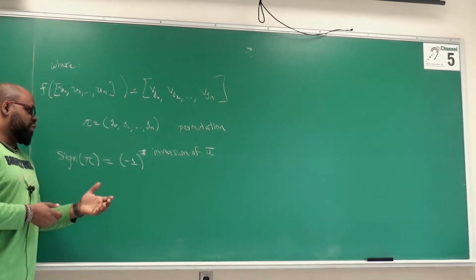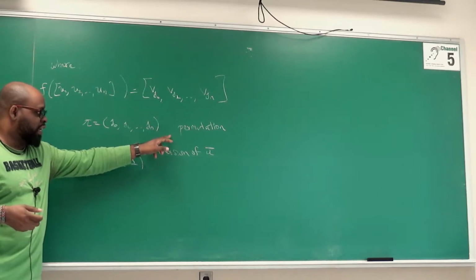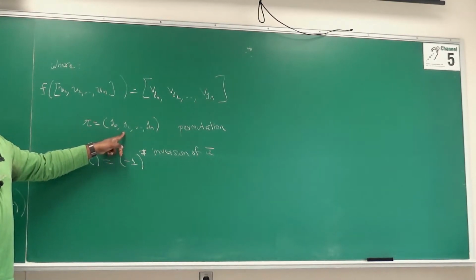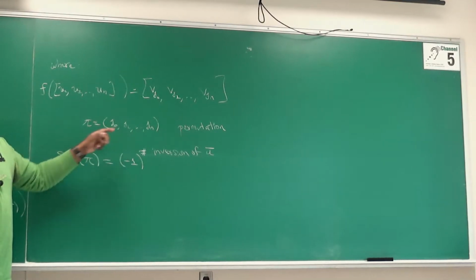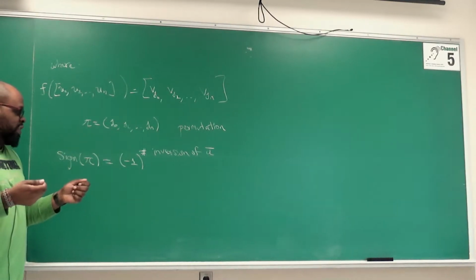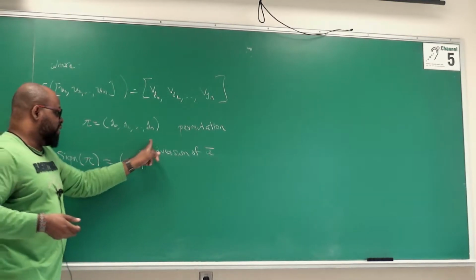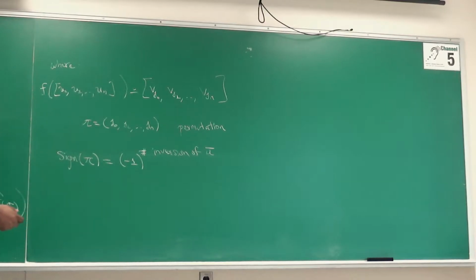Another way to think about it, for the ones that know a little bit more about permutations, is that any permutation can be written as a composition of transpositions, and then the number of transpositions that you get in the expression is either odd or even. So that's what you put in here if you want to think of it that way.